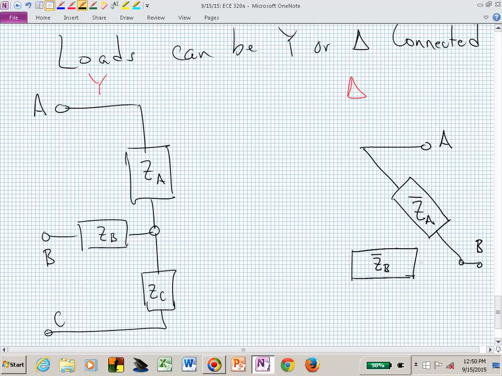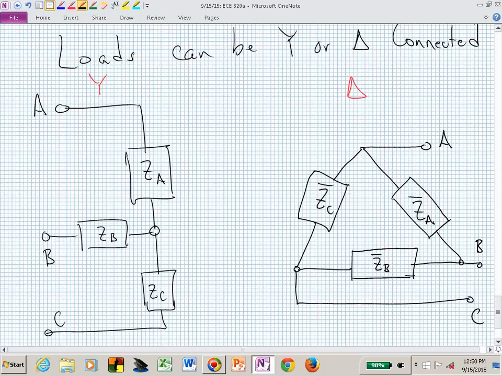So let me bar that just to let you know that that's not the same impedance value if we wanted to convert between a delta configuration and a Y configuration.